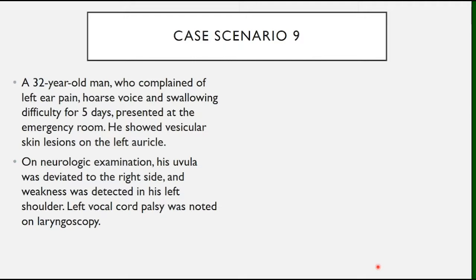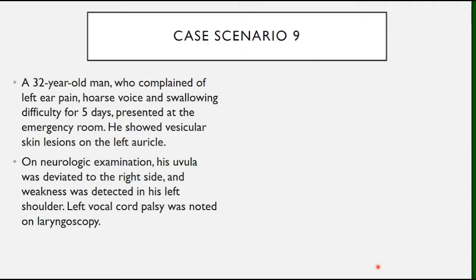Okay. I think we have just 2 more scenarios. We can quickly go through this one. A 32-year-old man who complained of left ear pain, hoarse voice, and swallowing difficulty for 5 days presented at the emergency room. He showed vesicular skin lesions on the left auricle.